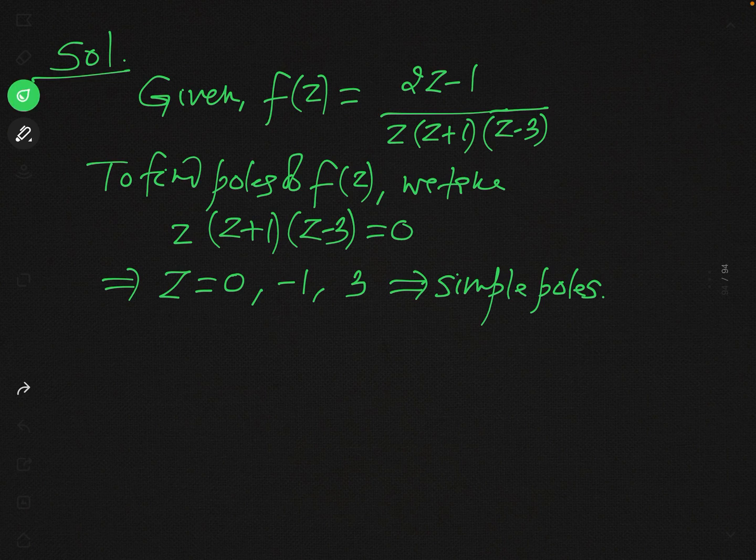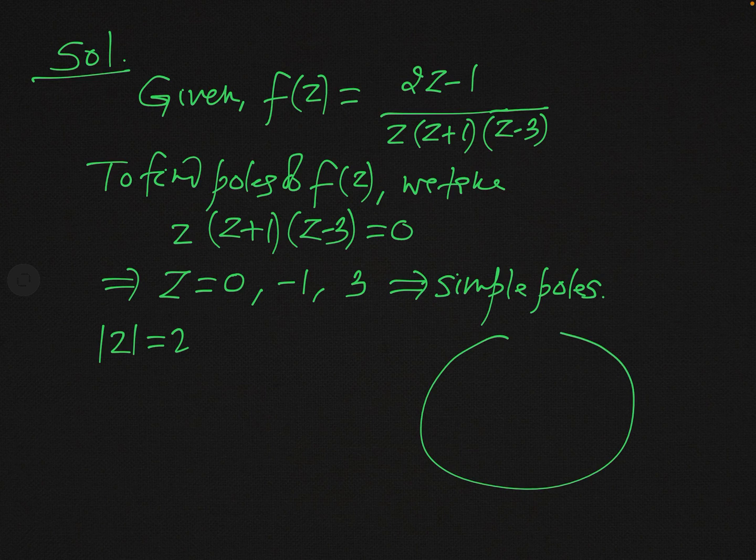And for checking this, first of all, we will draw our circle and represent these points in that figure. So our circle is mod z is equal to 2. What does it mean? I have told you this represents a circle having center at z equal to 0 and radius equal to 2. So this is the center where z is equal to 0 of this circle.